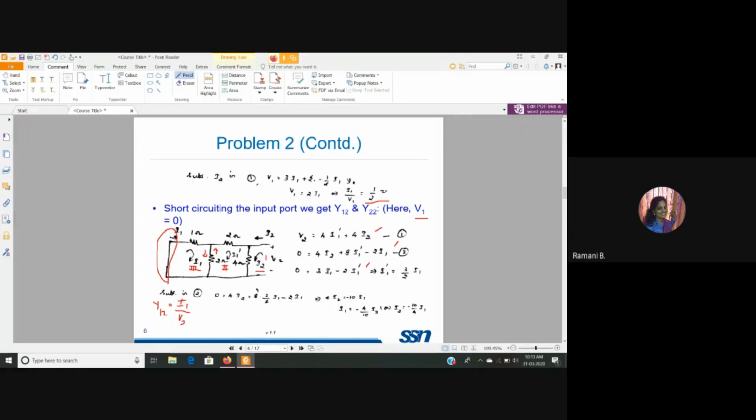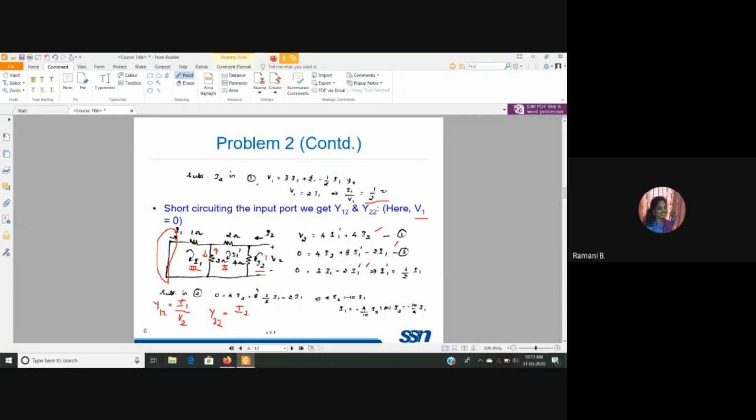So we try to replace I1 dash in terms of the other variables, because we need to find Y12 and Y22.